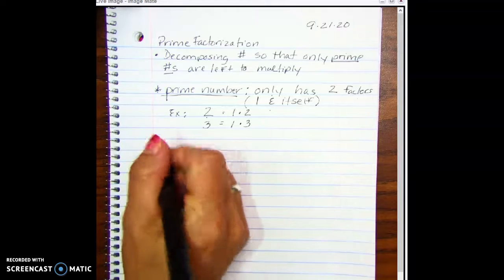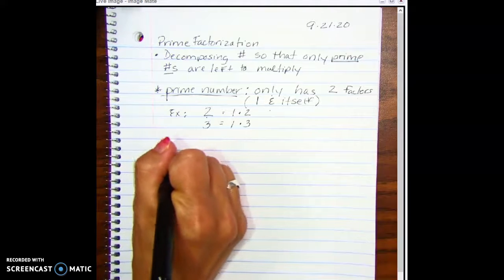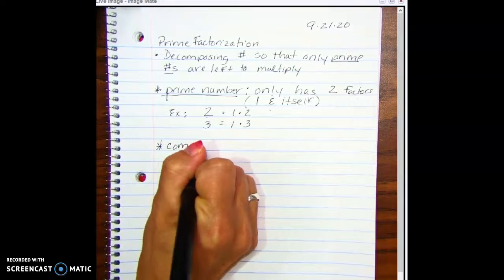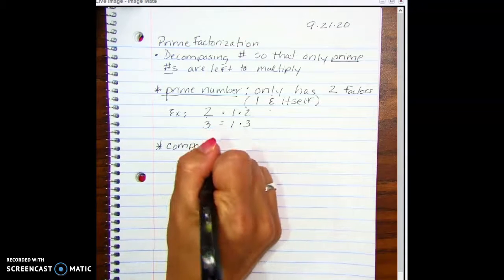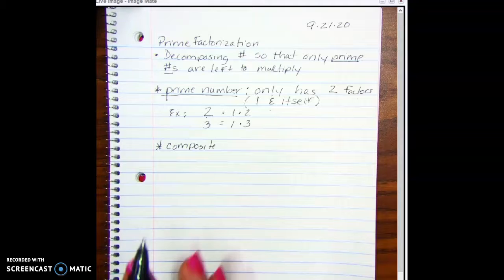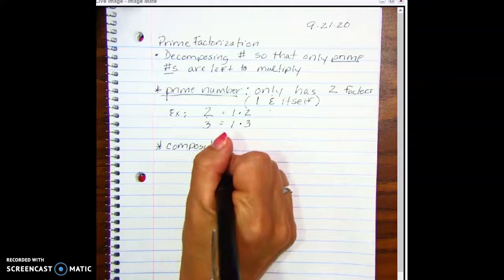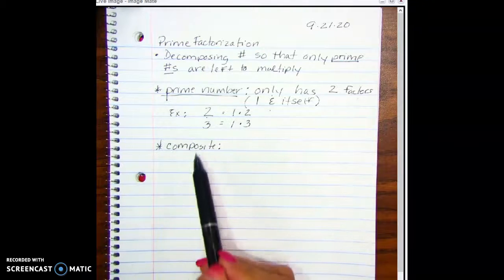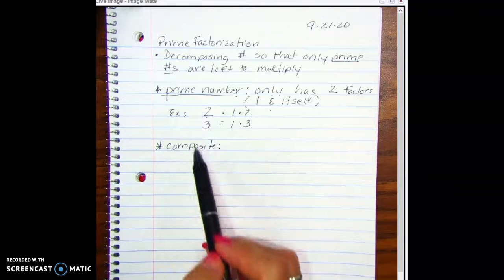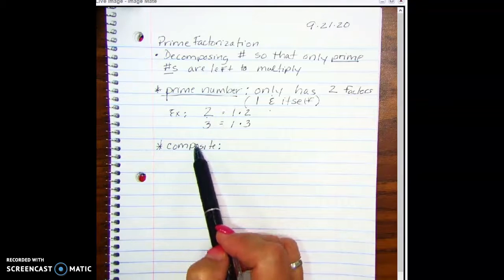So now we're going to be dealing with numbers that are composite and doing prime factorization on them so that there are only prime numbers left to multiply. So what is a composite number? Well, take a look. Decomposing, composite. Basically, there is a base word in here.